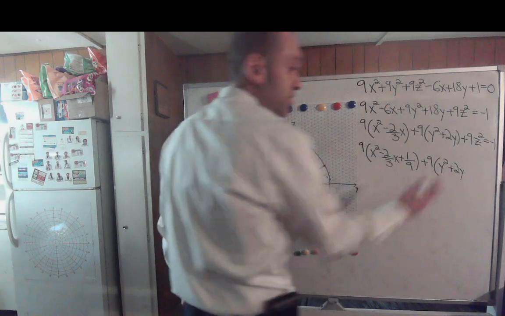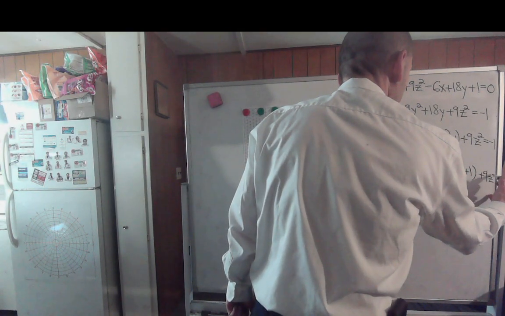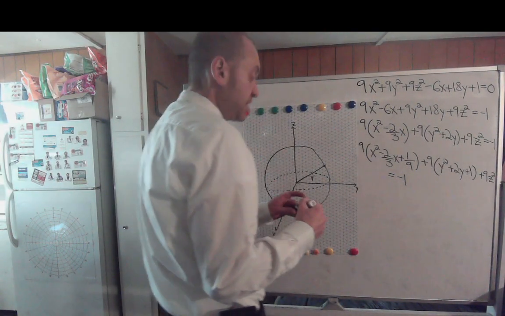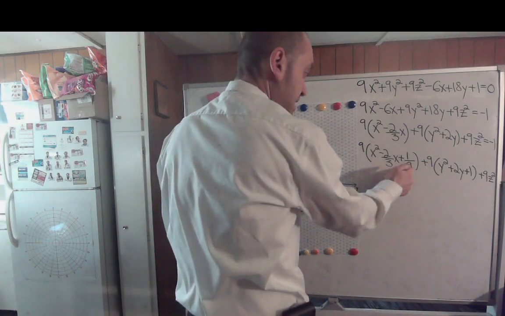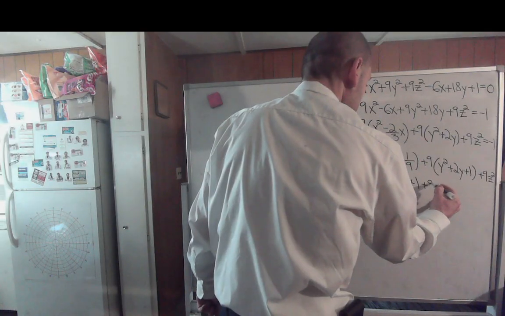Well, half of 2 is 1. If you square that, you get 1. Plus this 9z squared equals that negative 1, of course, but now you got to take everything from completing the square and add it over here. Well, 9 times 1/9 is 1, so this will be plus 1. 9 times 1 is 9.